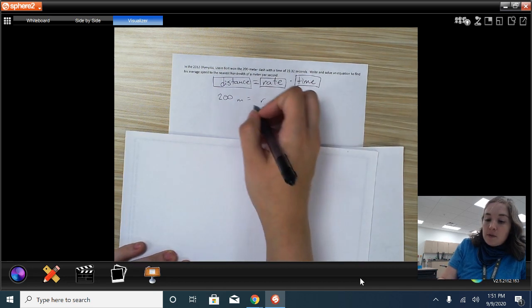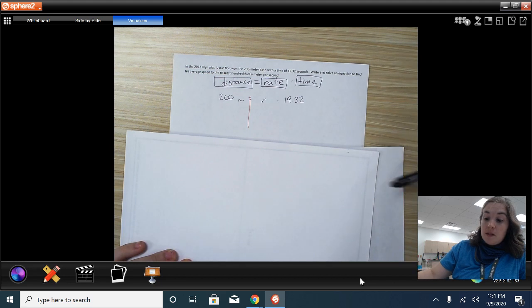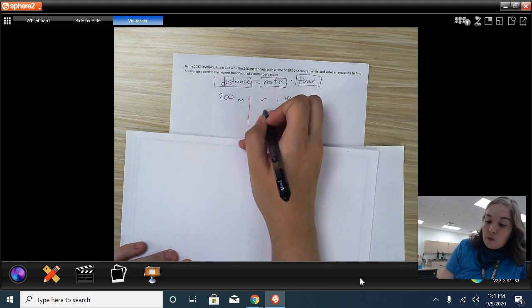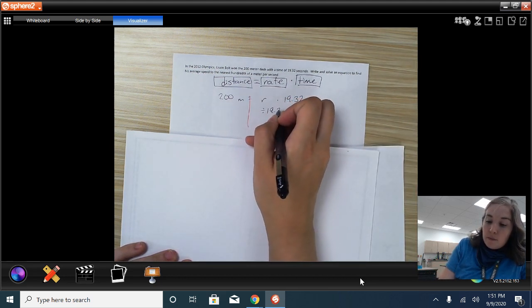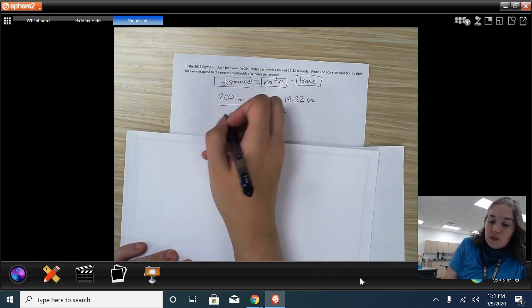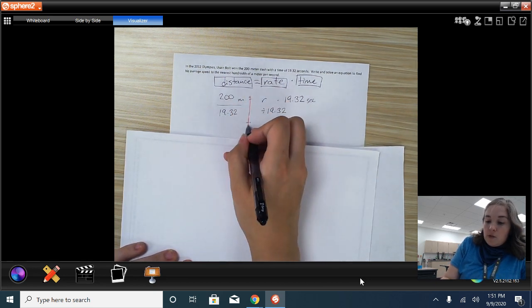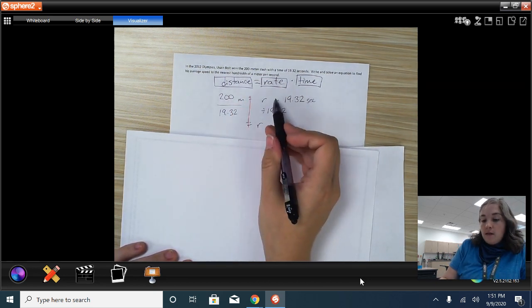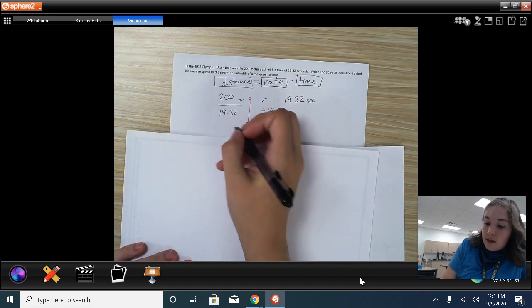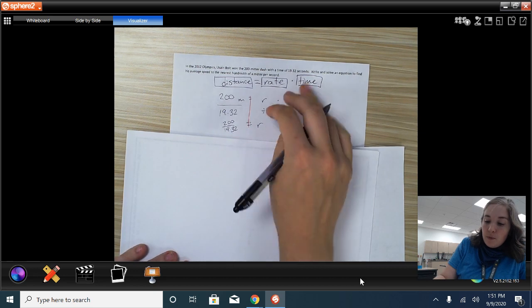So I have a times going on here. The opposite of times is divide. So I need to divide by 19.32 seconds. So I'm going to divide this side by 19.32. So I'm left with R on the right, and on the left, I have 200 divided by 19.32.